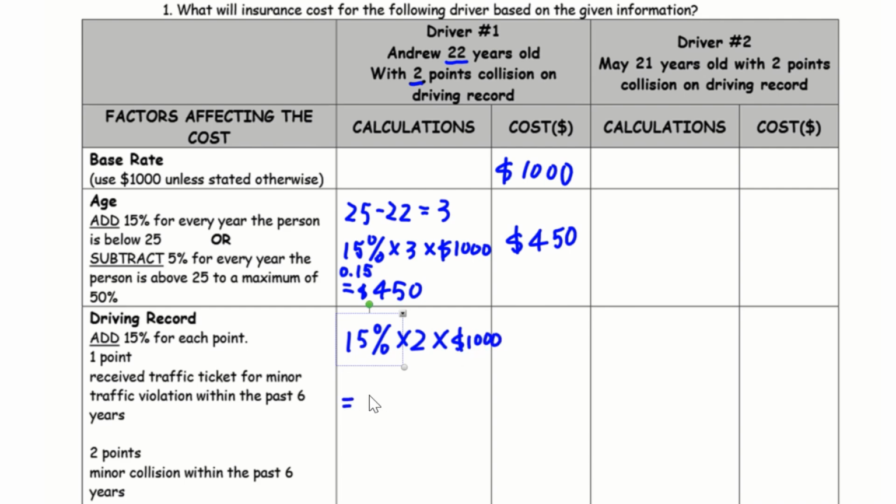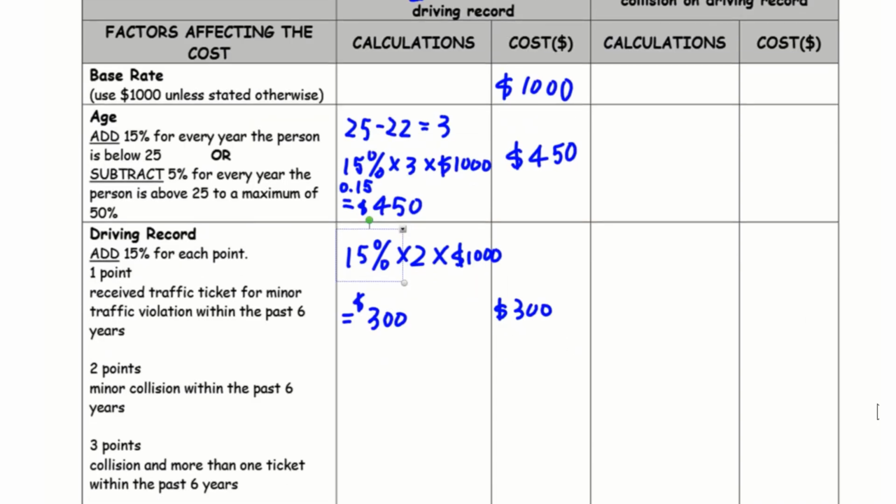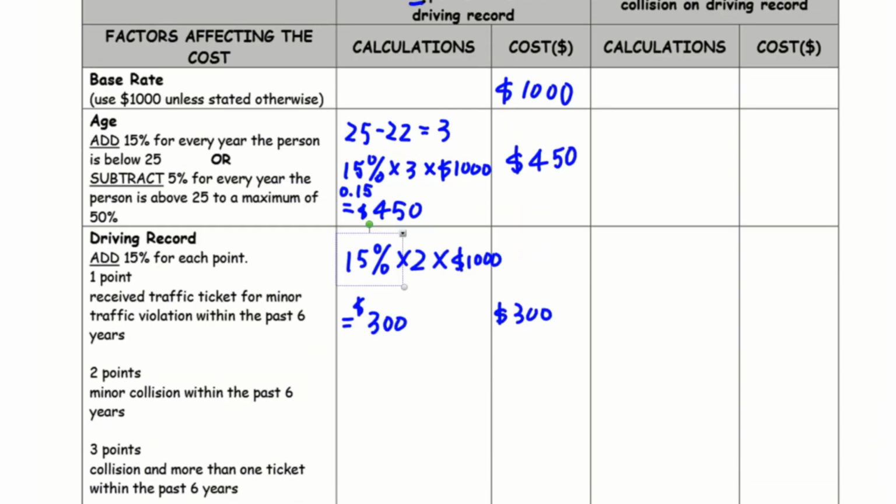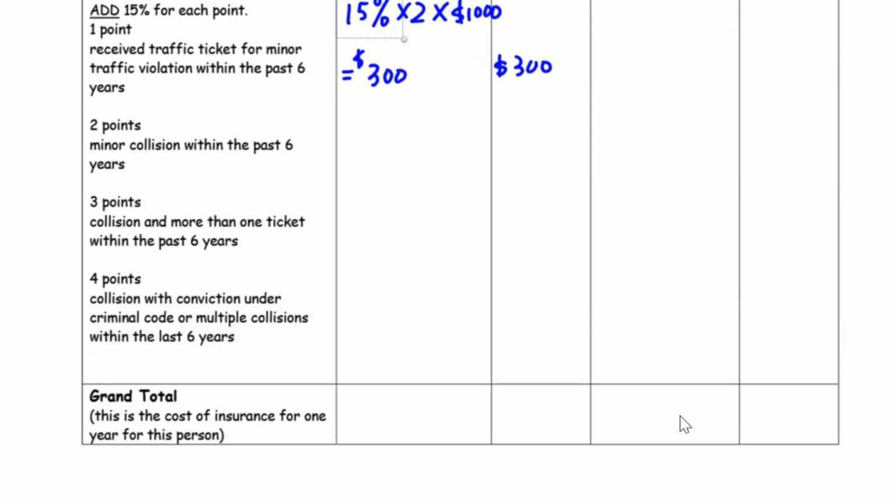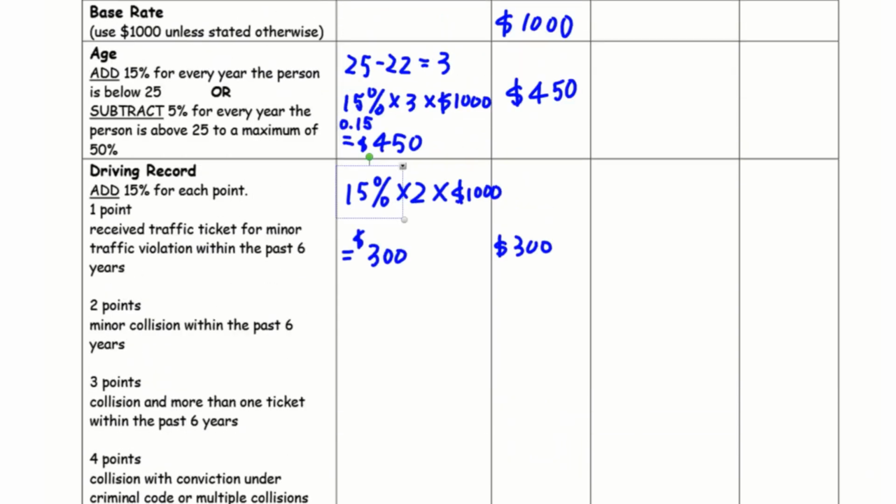Then we are going to have $300. So we put $300 for this column. Then we add the total, 1,000 plus 450, adding all this column together is $1,750. So this is for the first driver.